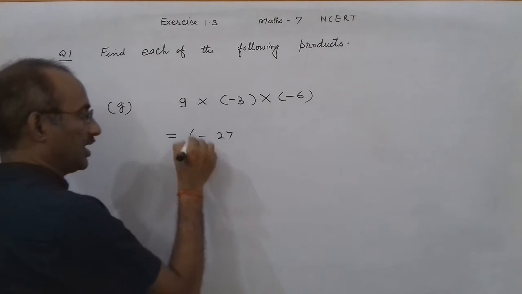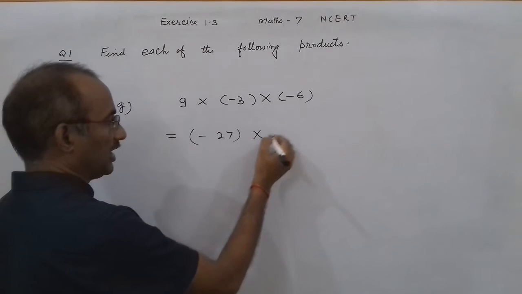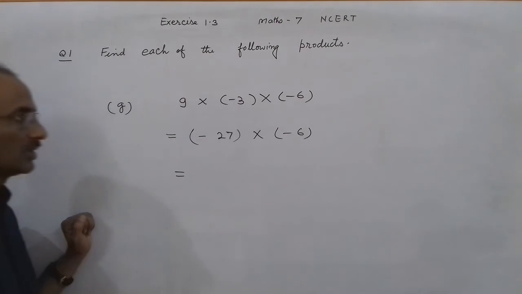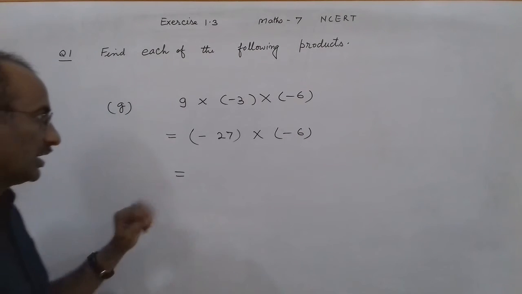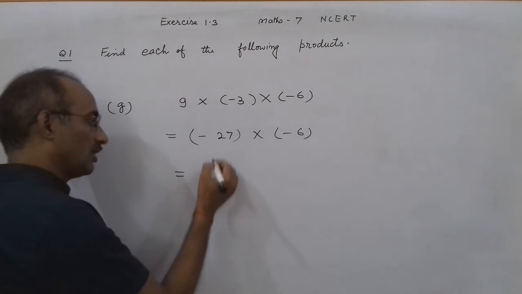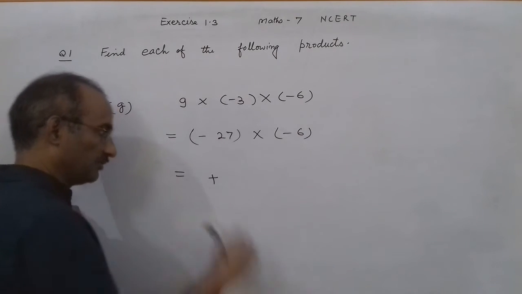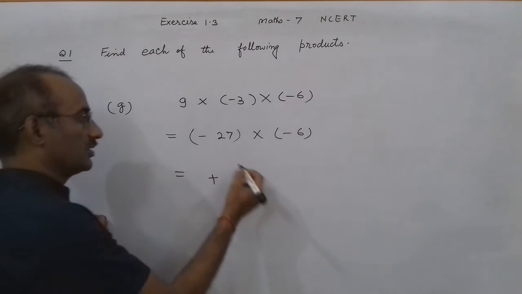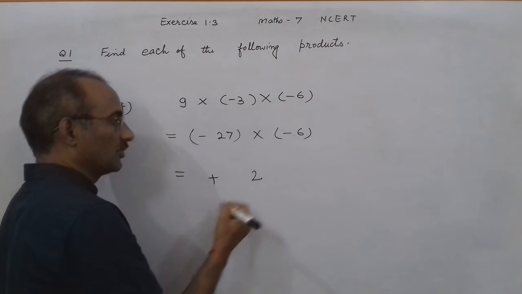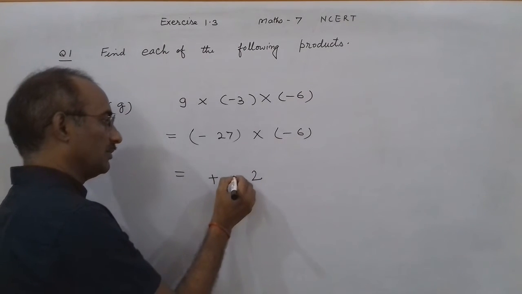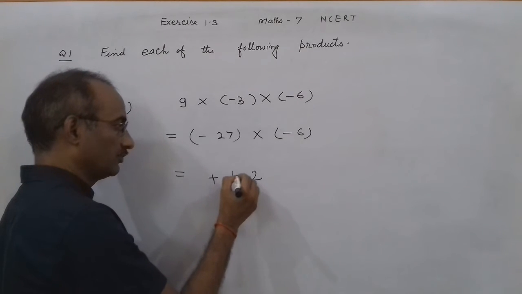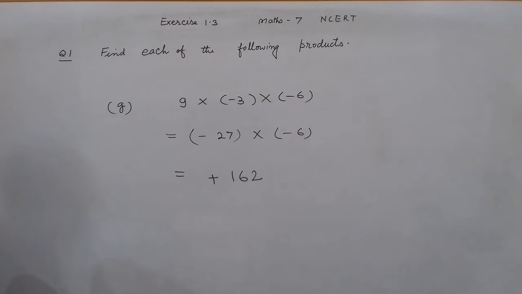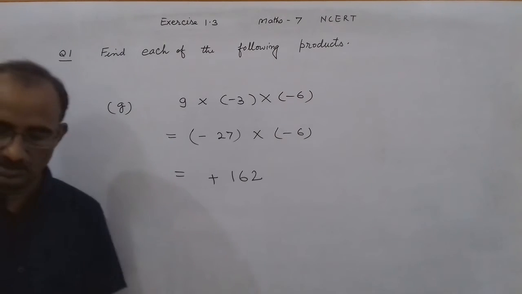So our answer is minus 27 multiplied with minus 6. Now we have two negative integers, so our product is positive. 6 sevens are 42 and 6 twos are 12 and 4, 162. Our answer is plus 162.